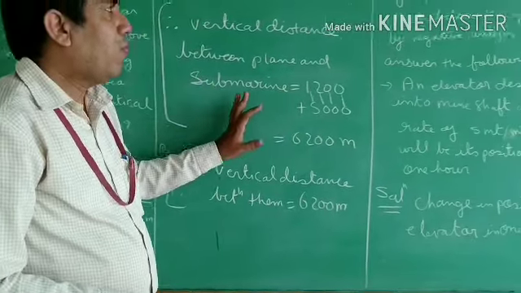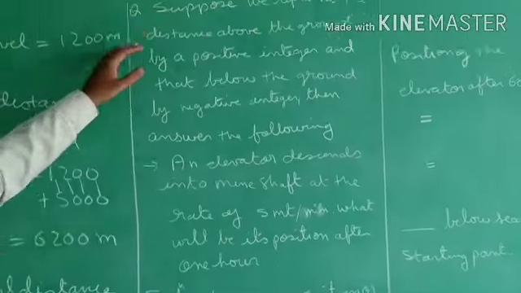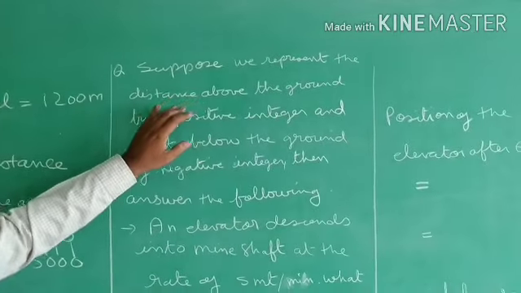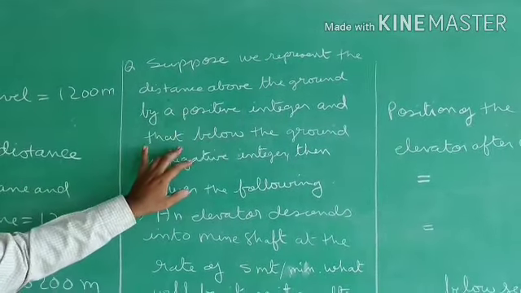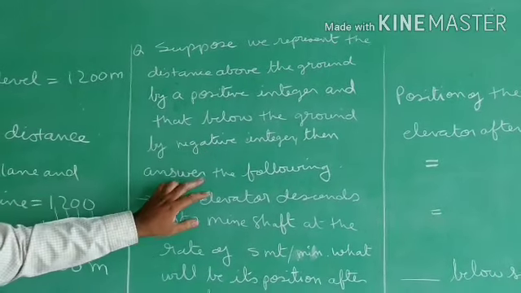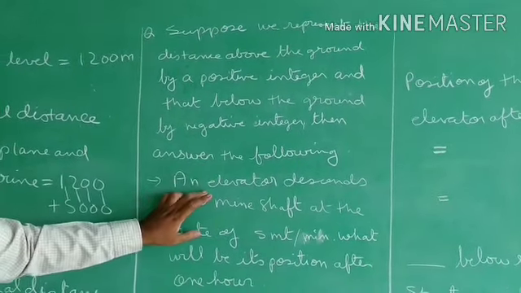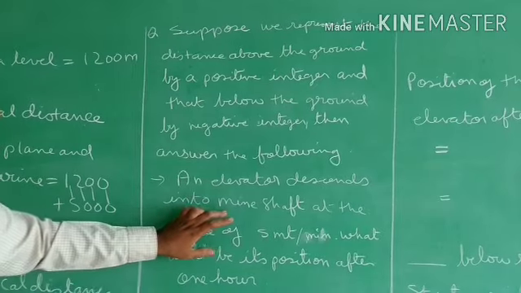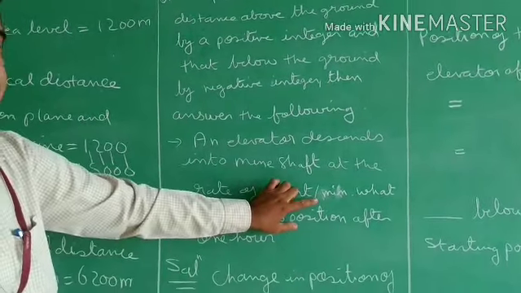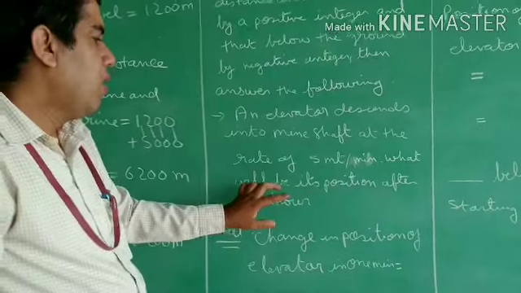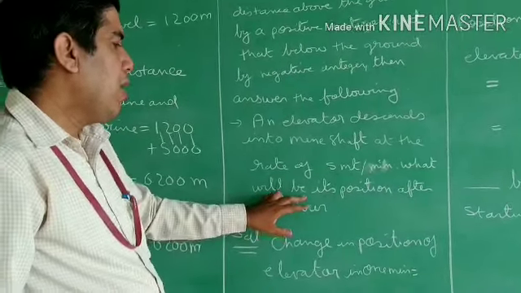Now the next one is similar to this. Suppose we represent the distance above the ground by a positive integer and below the ground by a negative integer, then answer the following. An elevator descends into a mine shaft at the rate of 5 meters per minute. What will be its position after 1 hour?